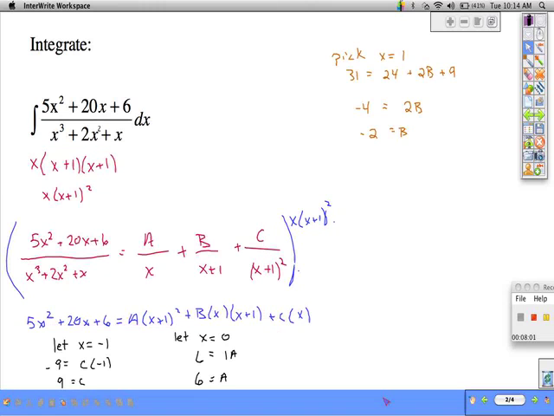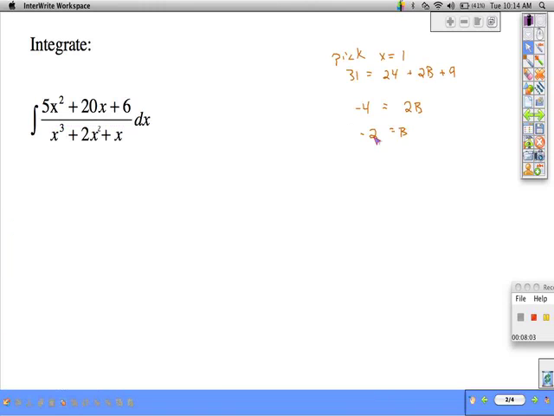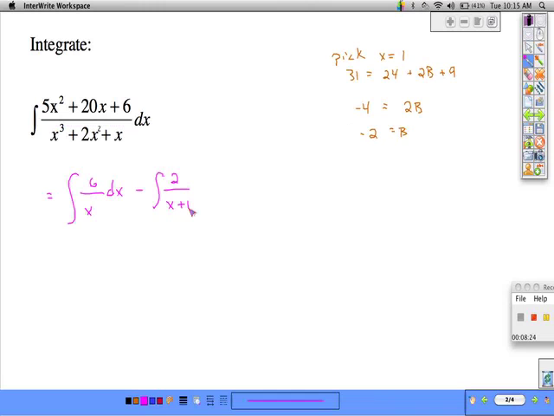And here's what I now know. I can rewrite this integral as 3 separate integrals. The integral of 6 over x dx minus the integral of 2 over x plus 1 dx plus the integral of 9 over x plus 1 squared dx.